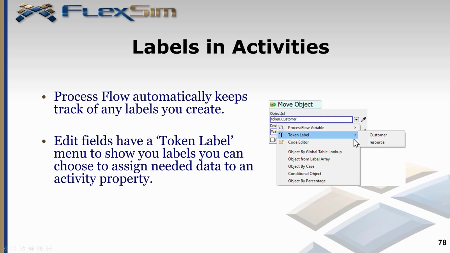This allows you to easily choose one of them. So, as I can see in this field here, it says token.customer. That's the syntax for referring to a label on the token called customer. It will write that automatically for you if you choose this menu option and click on this customer label.